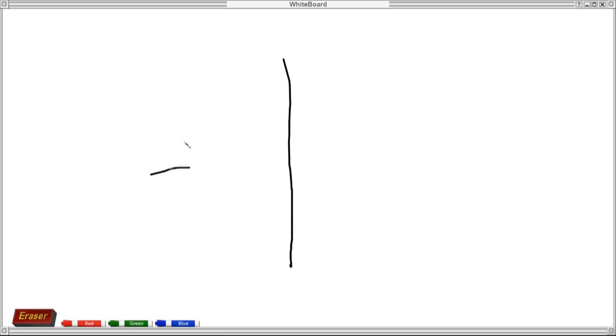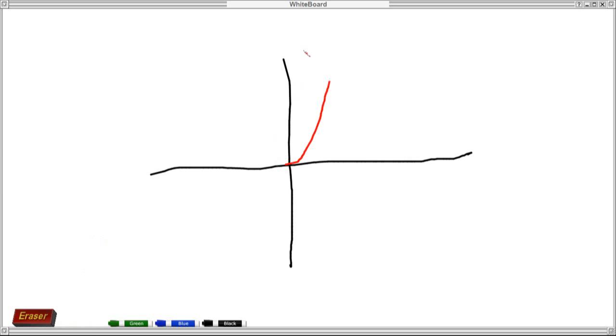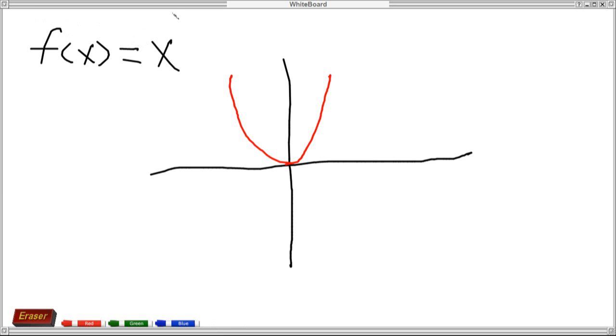Okay, let's say you have a graph, and let's go ahead and draw up a curve. Okay, this is a parabola. This is the function f of x equals x squared.